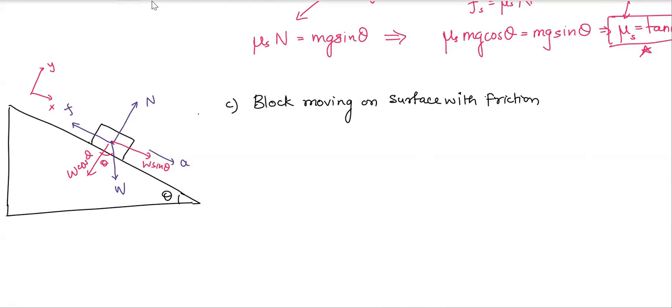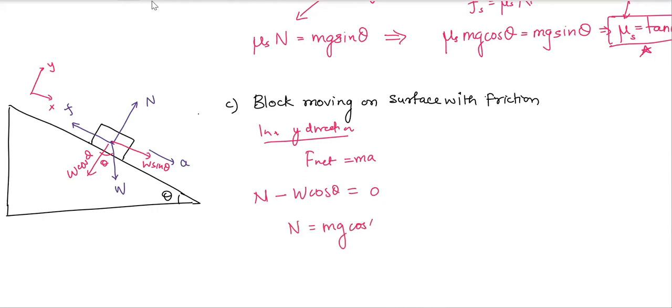So in the y direction, I will say that the net force is equal to 0, because the acceleration is not there in the y direction. So normal force minus the weight cos theta is zero, and we will get the same result, that is n equals mg cos theta.